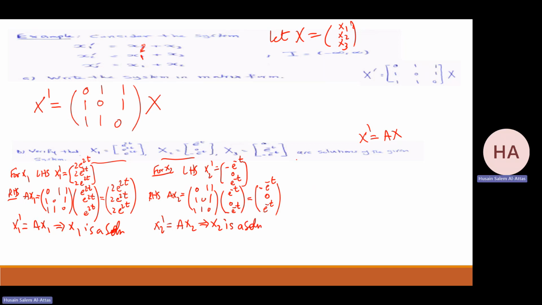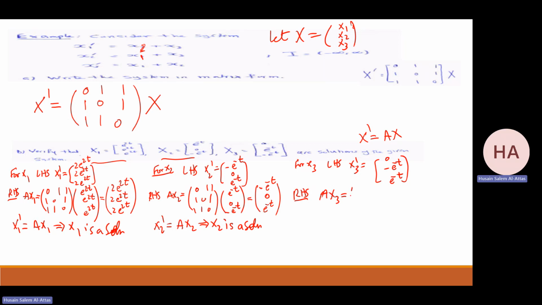Now for x3. What will be left-hand side? X3 prime. That will be 0 minus is minus t is minus t. Now right-hand side, which is ax3.